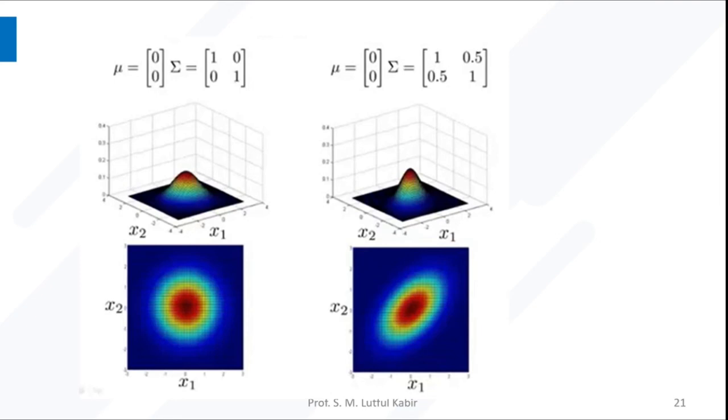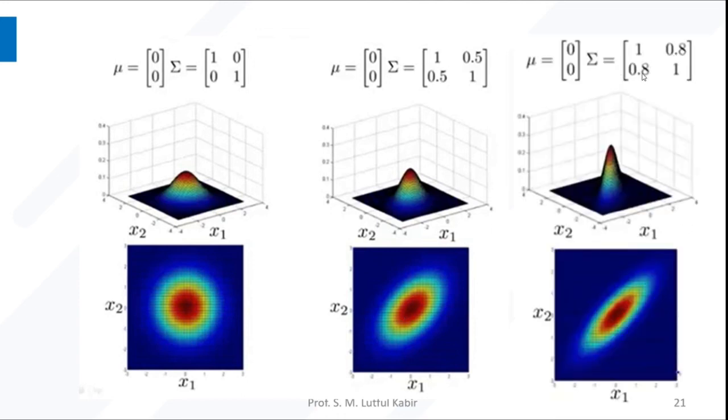So let us see the other example. For example, if we introduce dependency, previously it was 0, 0, you see 0, 0. If we introduce dependency, then the angle will be different. It's not horizontal, not vertical. So it is angular. The axis is angular. Similarly, if I increase it to 0.8, it will be again more in this direction, and less in the other perpendicular direction.